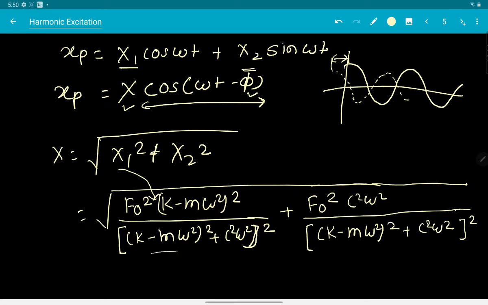So the denominator is common, you can combine it and take it out of this square root sign. Similarly, f0 you can also take out of the square root sign. If you do so, then you will get this term out, or maybe I'll write it on the next page. So what we are going to get is X will be equal to f0, that will come out. And let me not take the denominator out first, let me only make it common.